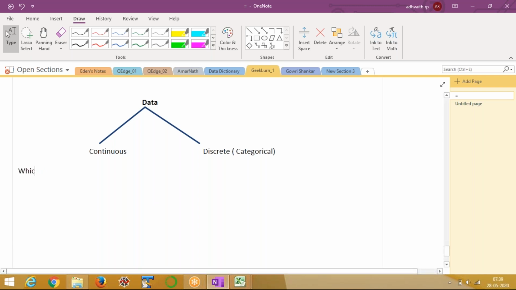Anything I am collecting which is following some units, that means it is calculated with a measurement, following a measurement.